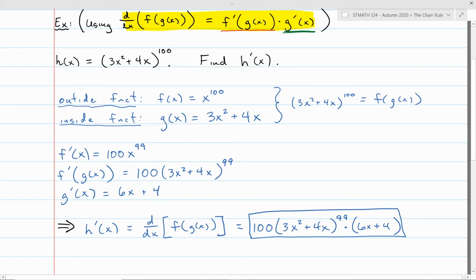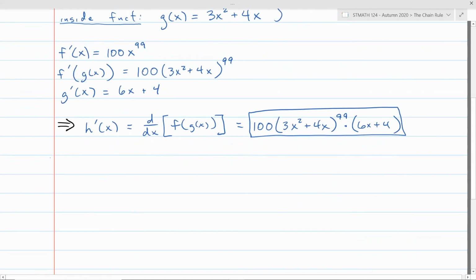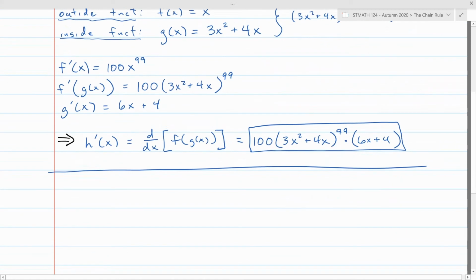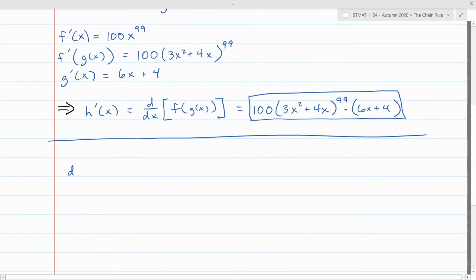So in practice, if I was doing this derivative, I wouldn't be writing down all this: f of x is equal to this and g of x is equal to that. I would just do it. If I was doing the derivative of, what was our problem here, 3x squared plus 4x to the 100th power, in my mind, I'm just going to think of the part on the inside as a single variable, like it's an x.